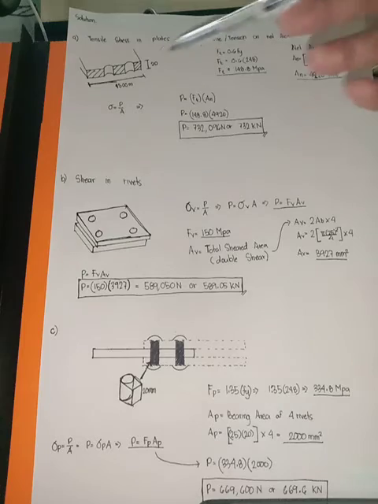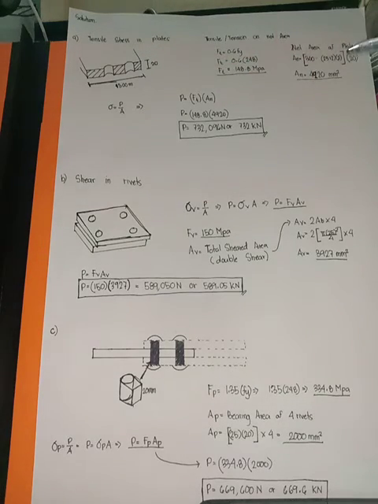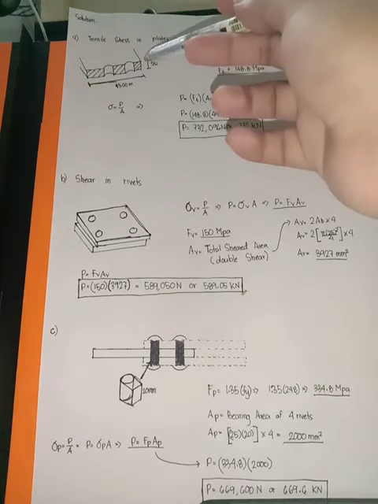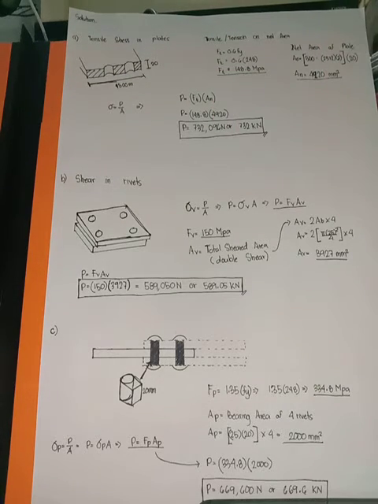So 25 plus 2, and since there are two holes, times 2. This is the equation for the base, then multiplied by the height, which is 20. So our net area of the plate under tension is 4,920 mm squared.